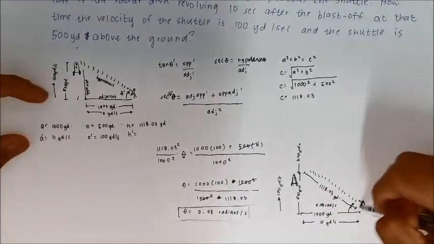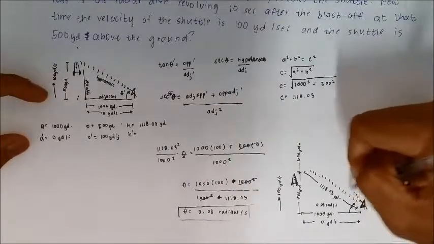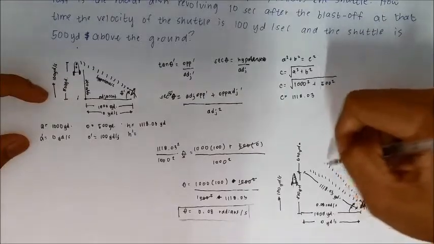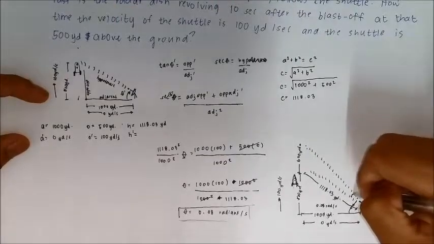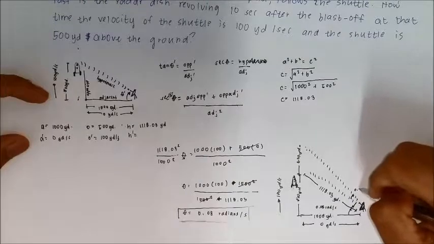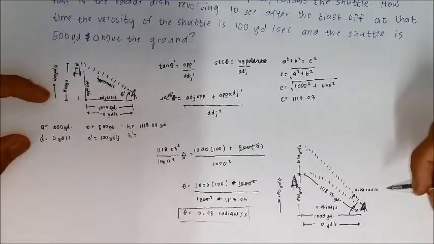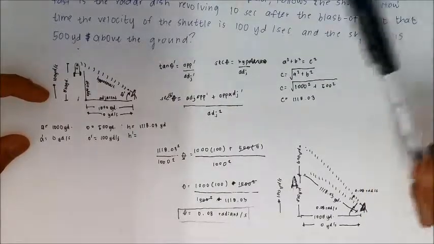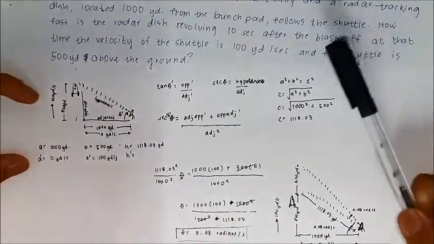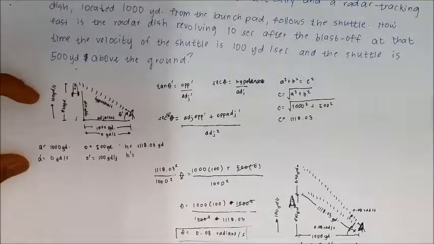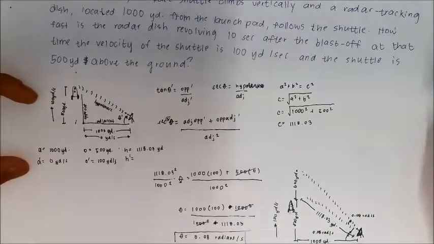The radar dish has to revolve or increase its angle, because it has to keep following the shuttle. This is the increase of angle, which is 0.08 radians per second. So again, to answer the question, how fast is the radar dish revolving 10 seconds after the blast off, when the velocity of the shuttle is 100 yards per second and the shuttle is 500 yards above the ground? The answer is 0.08 radians per second.